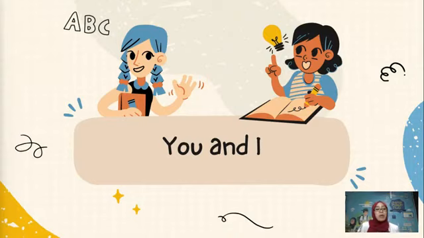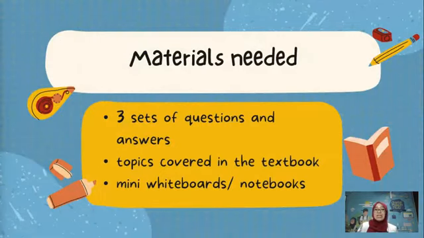So how are we going to prepare our students to perform well in this part? This is what I have done with my students. If you can see in the slides, these are the materials needed for you to carry out this activity. For example, 3 sets of questions and also answers. You can carry out this activity with your below average learners or even average learners, because they need to have the input.